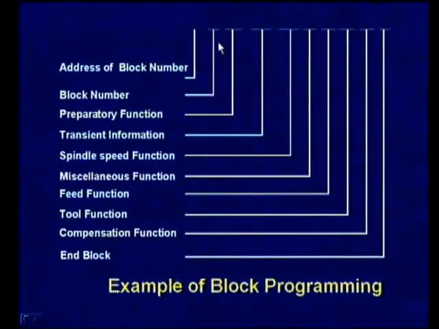So the first one denotes the block number, second is the preparatory function, third is transient information, fourth is spindle speed, next is the miscellaneous function, then feed function, tool function, compensation function and end of block. Like this we have to write the part program, or a block of a part program may contain this many functions.